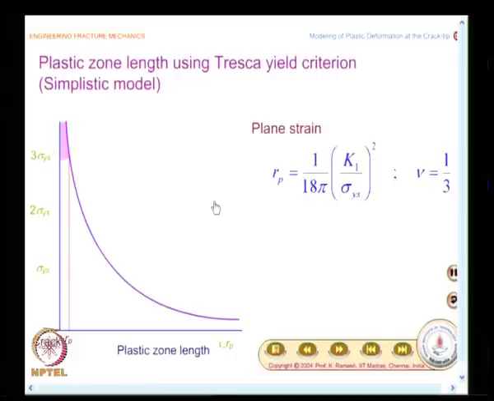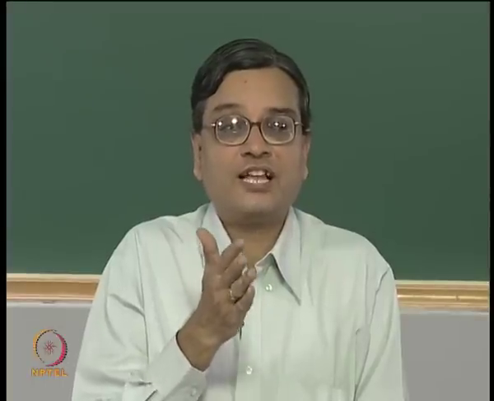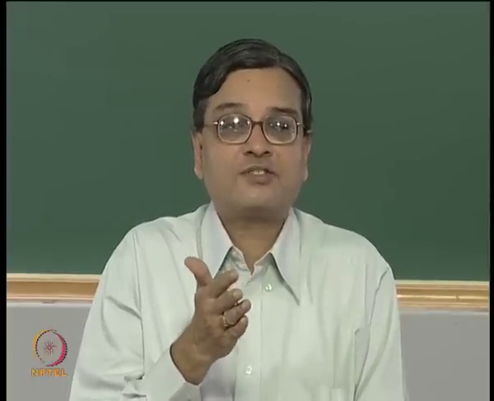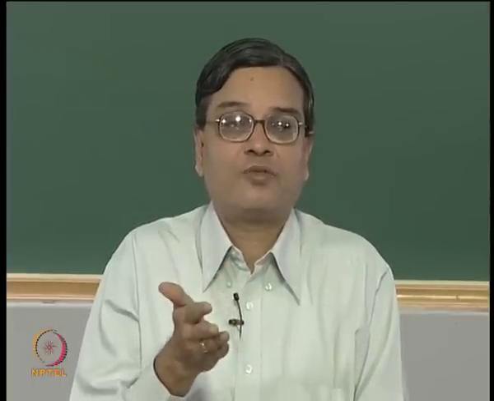And the moment you come to a plane stress situation, I had mentioned that sigma y equal to sigma x, and the other stress sigma 3 is 0. So, that tells you the maximum stress that you will have to look at is only sigma ys.